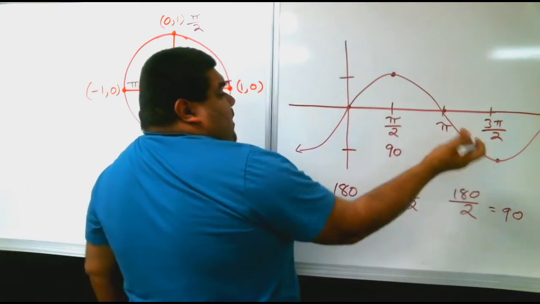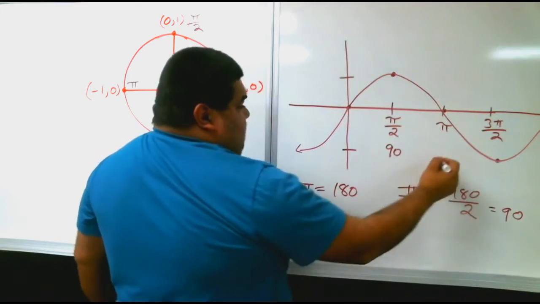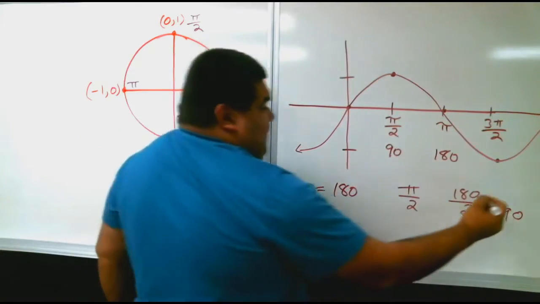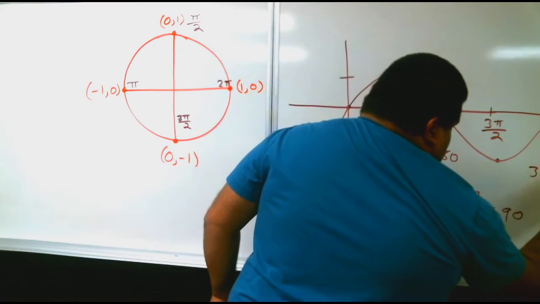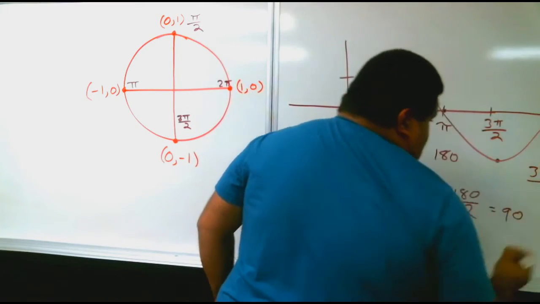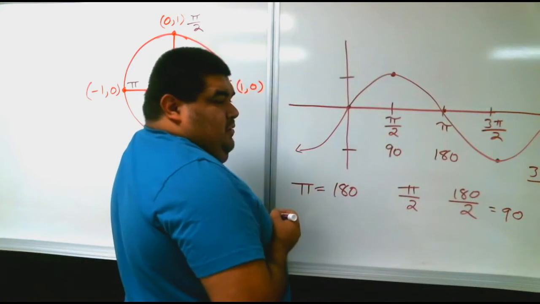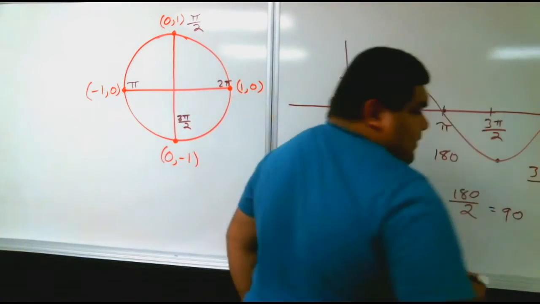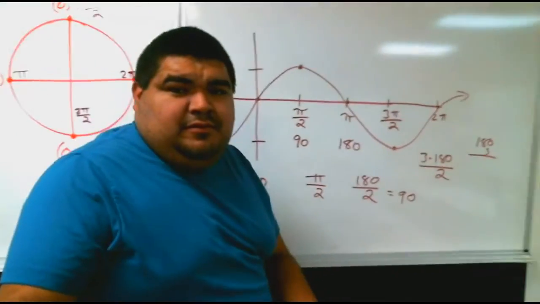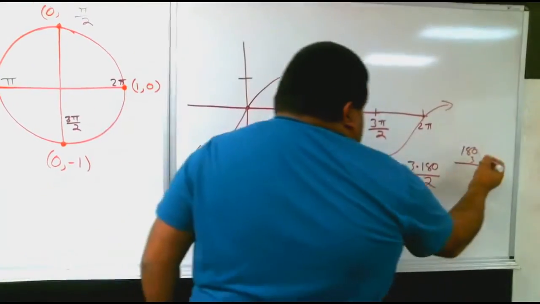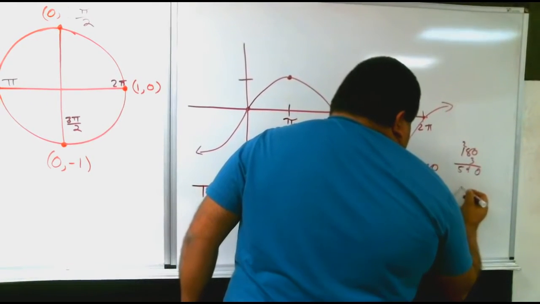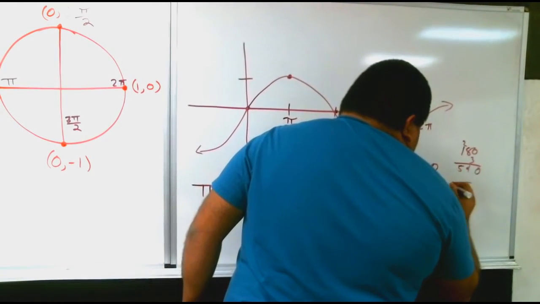Obviously pi is 180, we already know that. 3 pi over 2, again, is 3 times 180 divided by 2, which is 540 divided by 2.